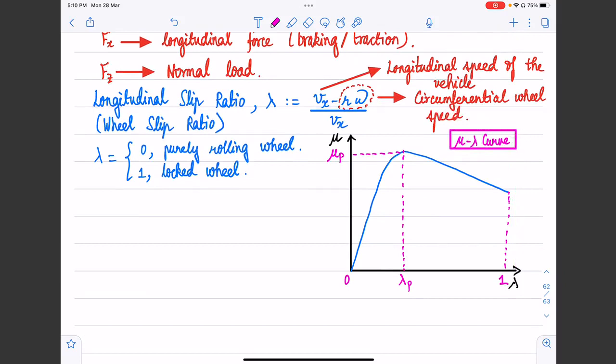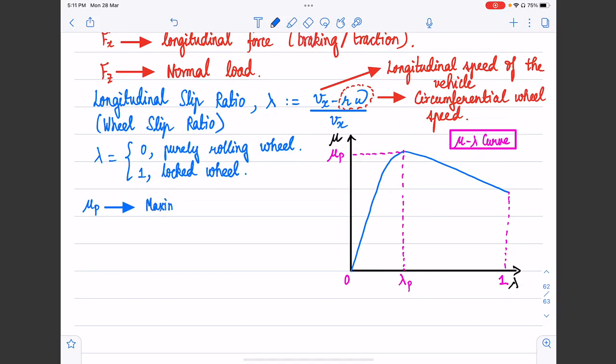Now we can see that mu p is what? Mu p is the peak value of the longitudinal friction coefficient or the longitudinal traction coefficient.